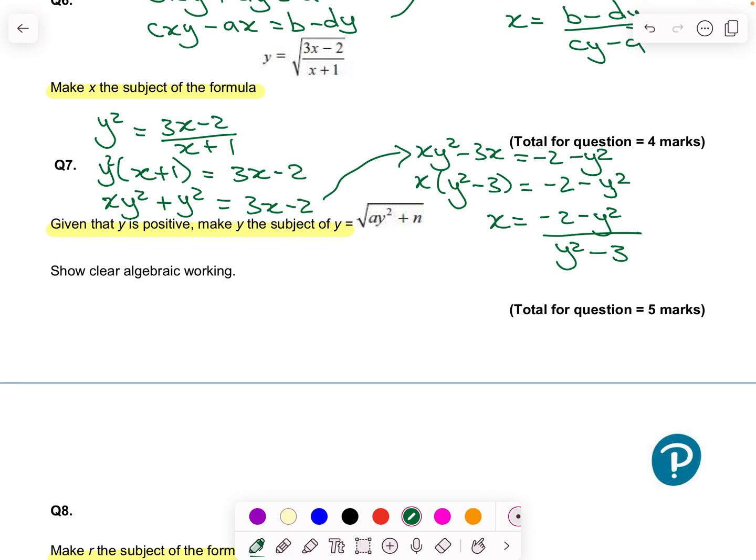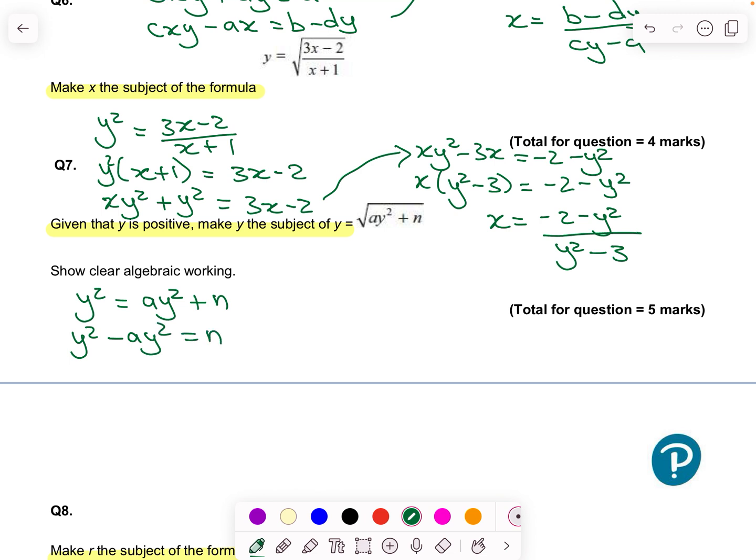Next one, make y the subject. So you've got y equals, so we've got y in both places. So first of all, let's get rid of the square root. So then I've got y squared equals ay squared plus n. I'm going to take the ay squared onto the other side so that I've got all the y's in one place.